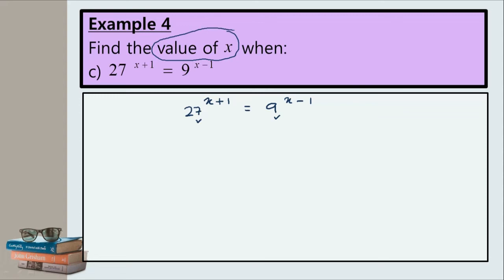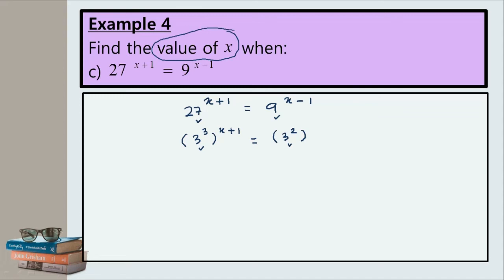Okay, if you check 27, actually 27 is 3 to the power of 3, and 9 is 3 to the power of 2. That's why we can use base 3 and base 3. So 3 to the power of 3(x plus 1) equal to 3 squared.